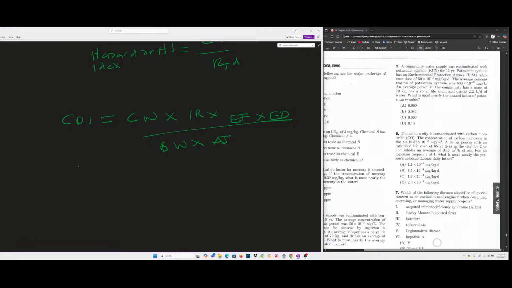You find it there. So from what we have, our CDI is equal to, multiply everything. So we have 600 times 10 raised to the power negative 3 milligrams per liter multiplied by 2.2 liters per day multiplied by 12 years, divided by 70 kilograms multiplied by 75 years.